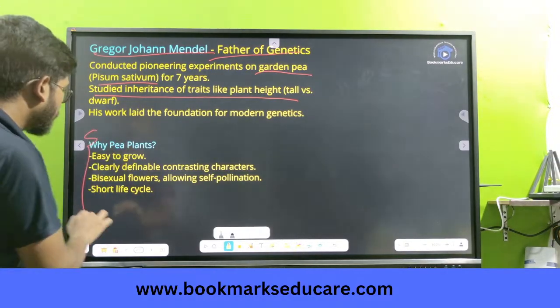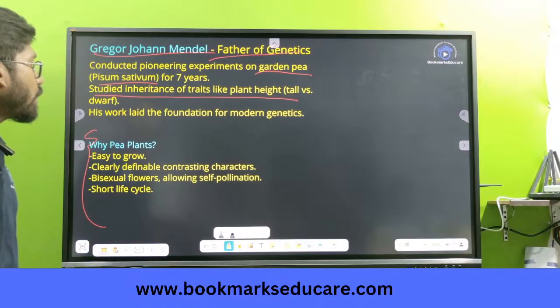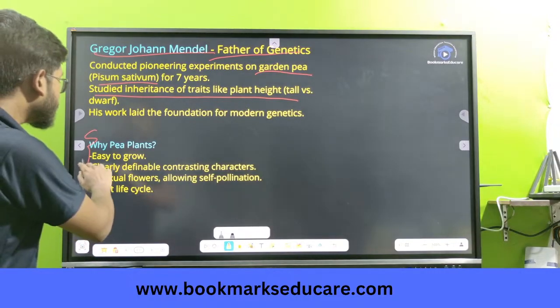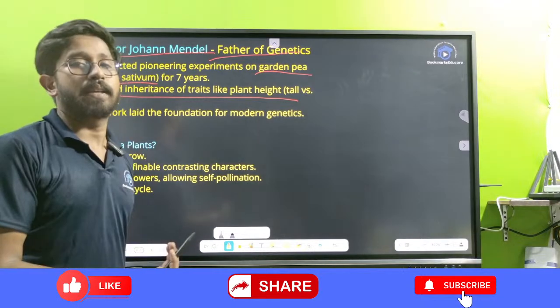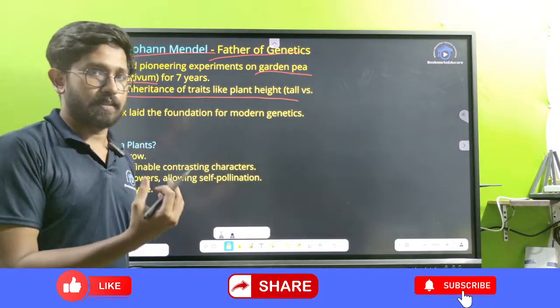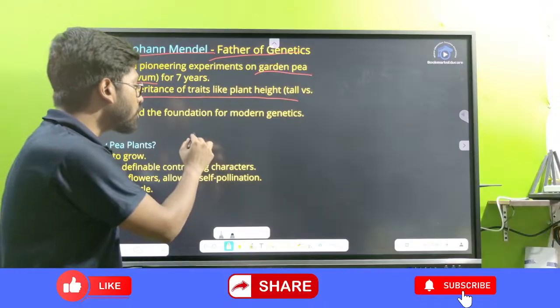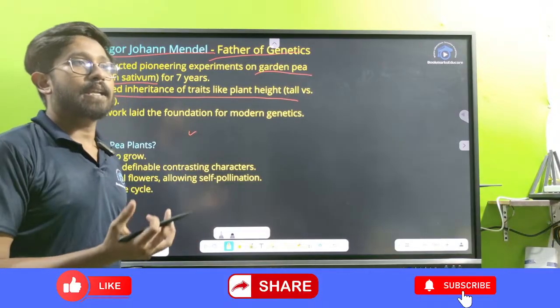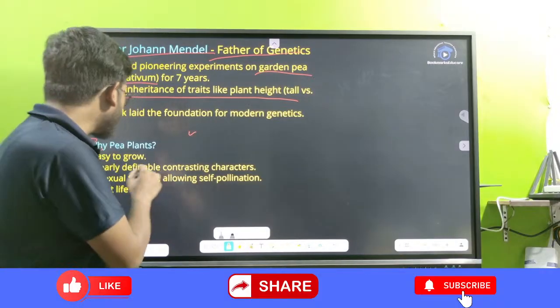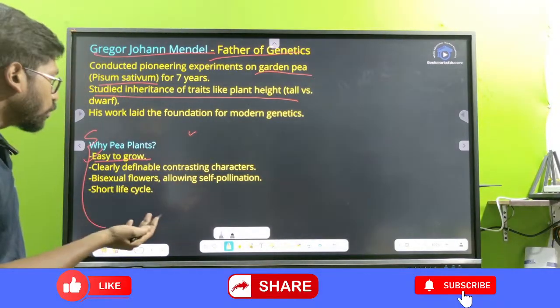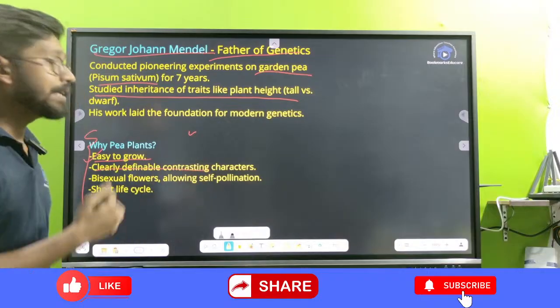Why pea plant? I have mentioned it just in case you have some queries. It is very easy to grow. Most of the time when we are doing science, we choose convenience, because you cannot work with something you don't have availability to. So you need something that is easy to grow and clearly differentiable in characteristics.